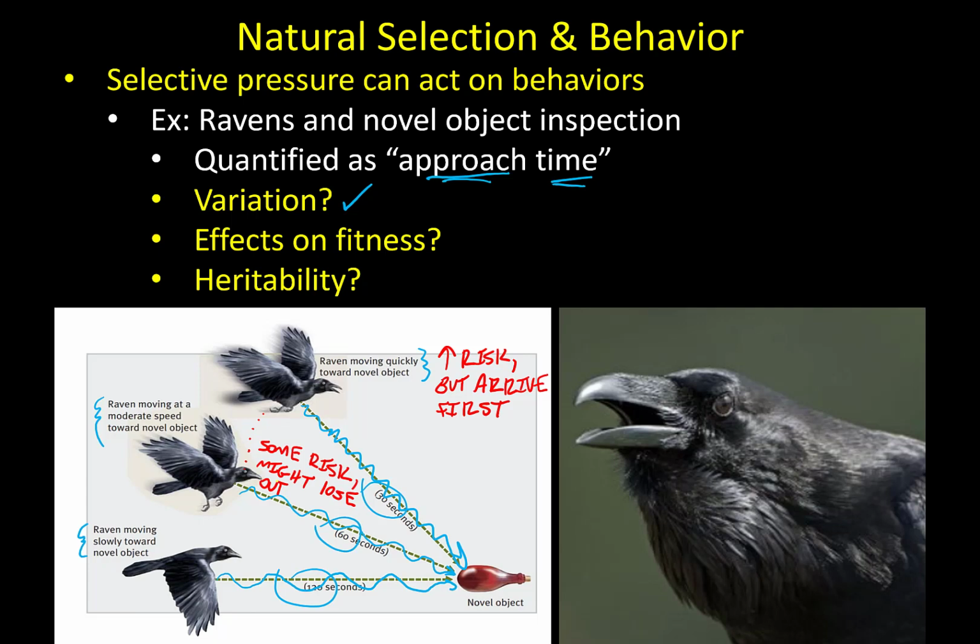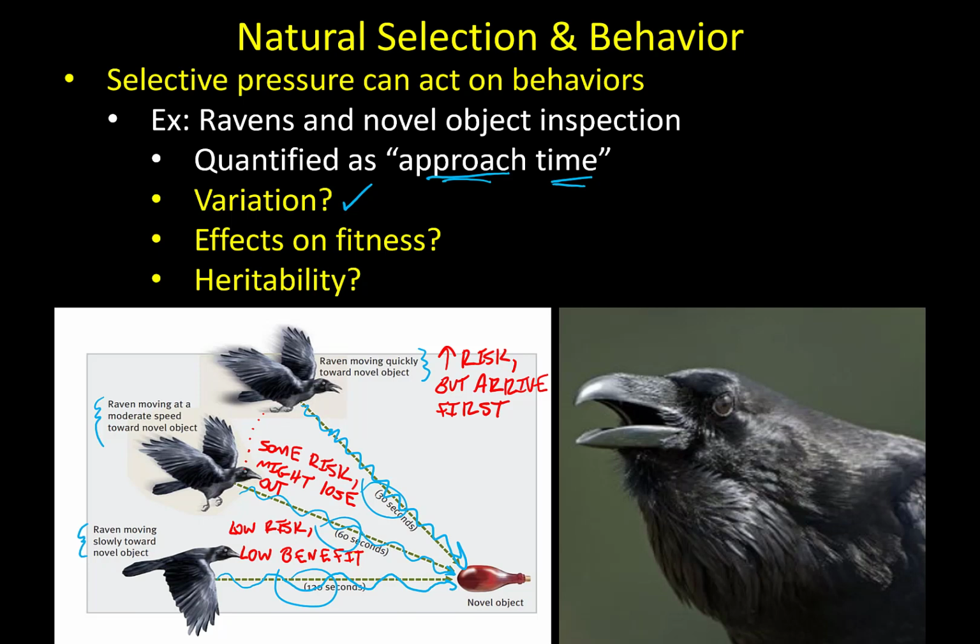Okay. The slow-moving bird has very low risk. They are so cautious they will likely see any dangers coming long before they get to the object, but they also have much lower chances of benefiting from that object as well, because they're likely going to arrive last and all the good stuff will be gone.